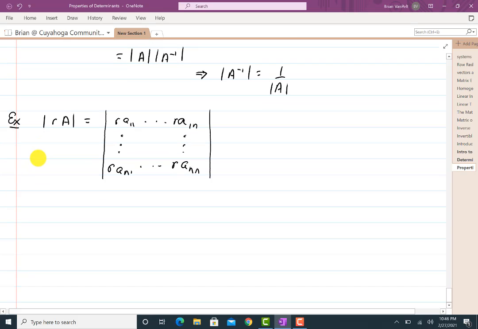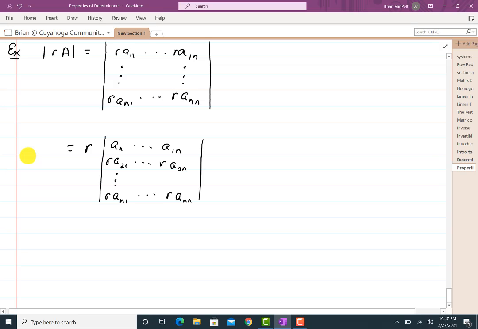All right, now I can start pulling R's out of a row. So I can pull an R out, and I'll be left with A11, A1N, but I'll still have R times the second row. But I can play this game again. Now I can pull an R out of the second row.